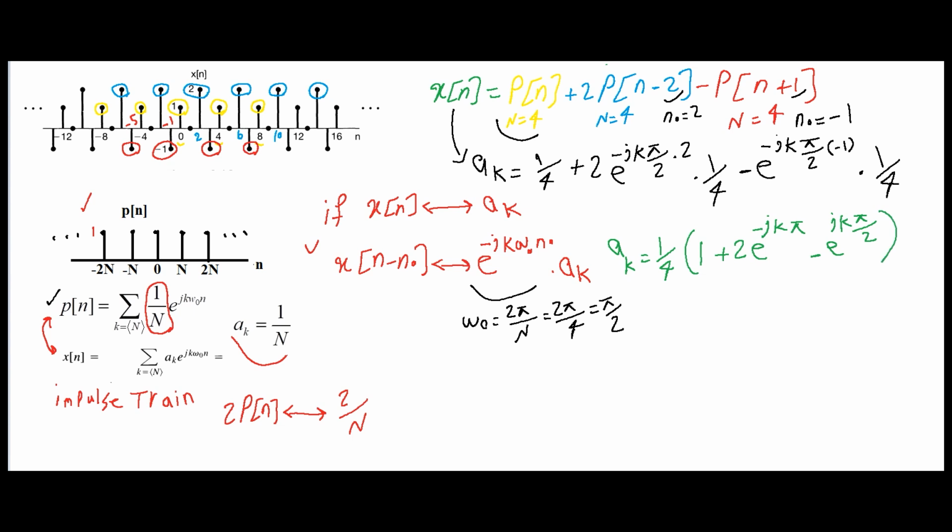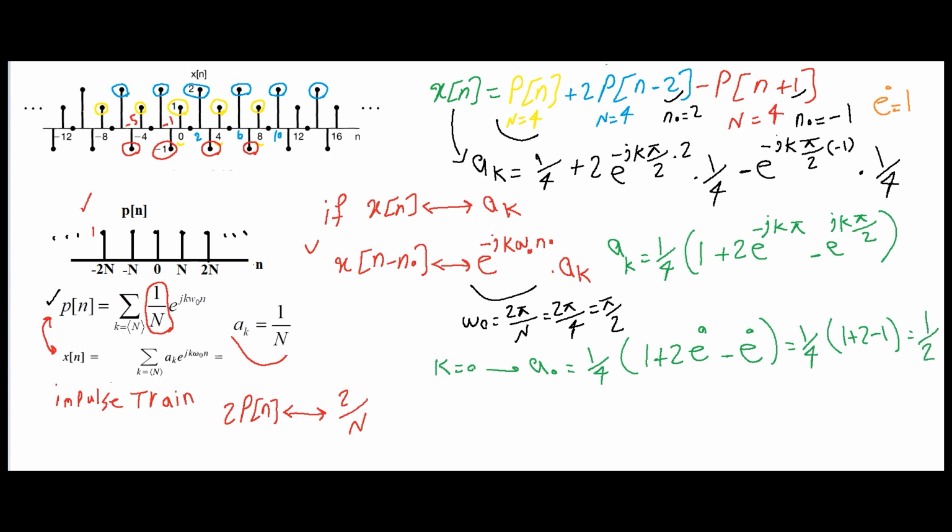Now let's compute some examples. For k equals 0, A0 equals 1 over 4 times 1 plus 2 minus 1 equals 1 over 2.